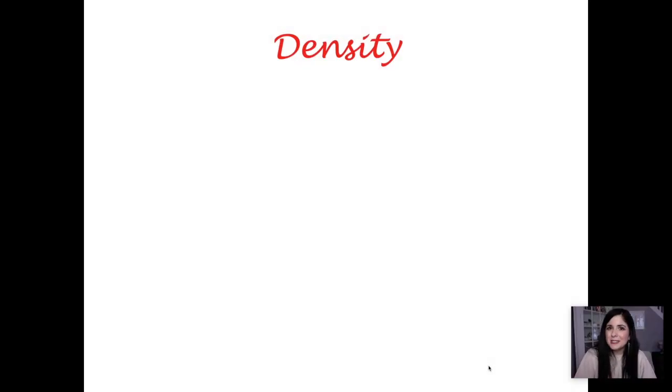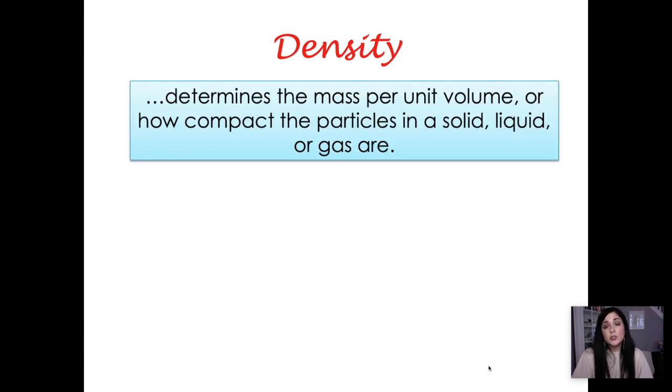We're almost done. Density, something else I always like to review, because when we get to the gas law unit, we do kind of touch on density a little bit. And this usually students have a very easy time with. It's really not a difficult concept at all. So density determines the mass per unit volume, or how compact the particles in a solid, a liquid, or a gas are.